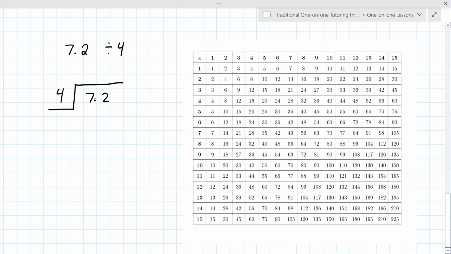Yeah. Did you put a 1 above the 4? No, wait. Because it's how many times does 4 go into 7? So yeah, it's 1. And then after we multiply 1 times 4, that remainder is 4.